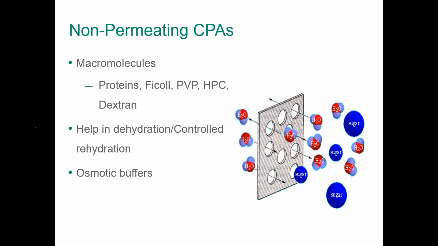When we reduce the intracellular water, there should be less risk of ice formation. I just have to say that complete 100% dehydration is difficult to achieve in cells, but we try to minimize as much as we can the water content in the cells, so we reduce the ice formation.